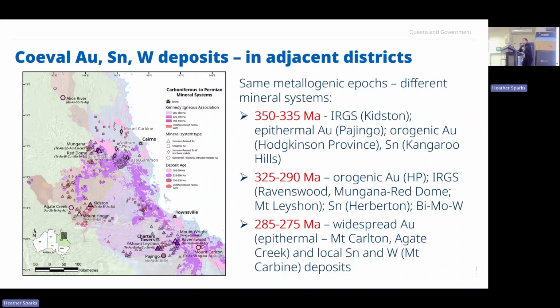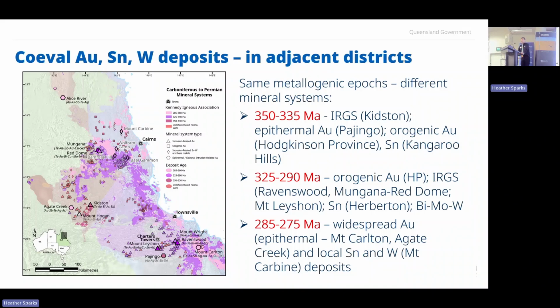And there is a remarkable property of synchronicity of different deposit types and different mineral system types forming in adjacent areas at exactly the same time. There are clearly several well-established interdependent episodes, and we could go further into them, but for brevity, I'm not going to go into that level of detail in this presentation.